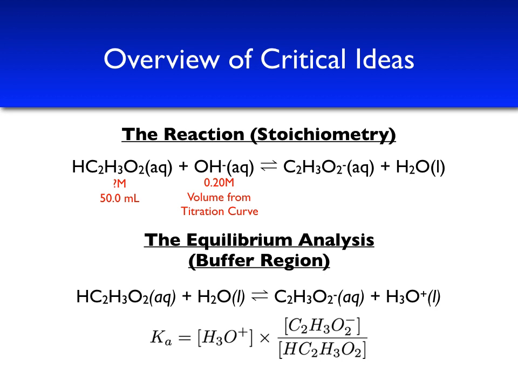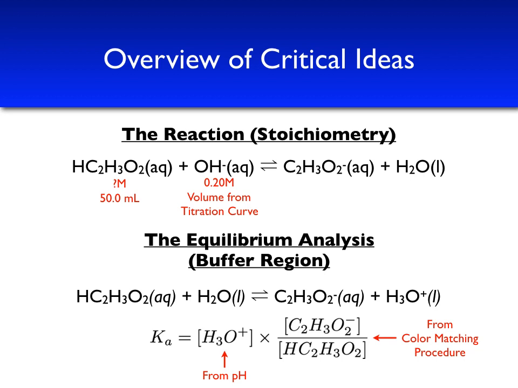We mentioned in our goals that we want to determine Ka. In this experiment, we'll use our titration data to determine the Ka by measuring the pH of our solution at different points during the titration, and by using a color matching procedure with some reference solutions to determine the ratio between acetate and acetic acid in the buffer region of our titration.